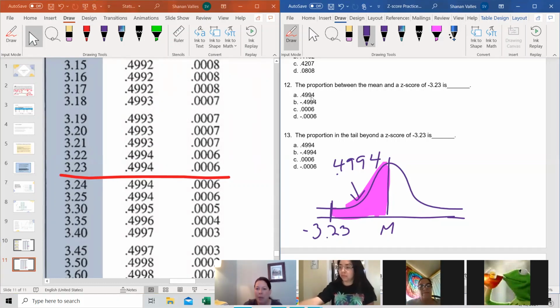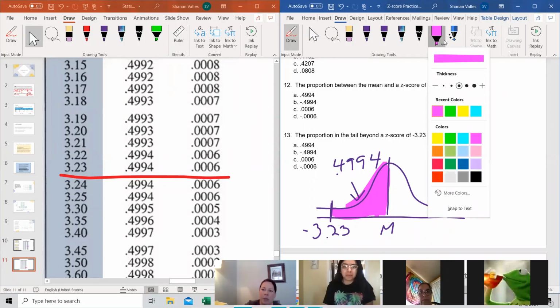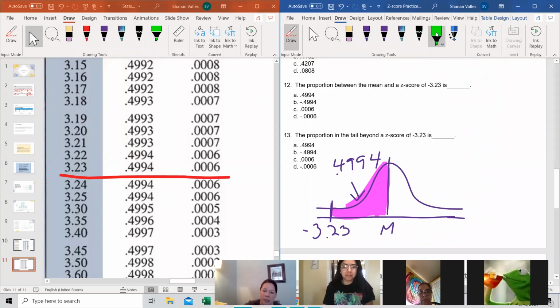Okay. Because that's telling you that's the proportion right there in between the mean and the z-score. In 13, it's asking for the proportion in the tail beyond a z-score. So that one is everything below, in the tail. And it's not very much, right?